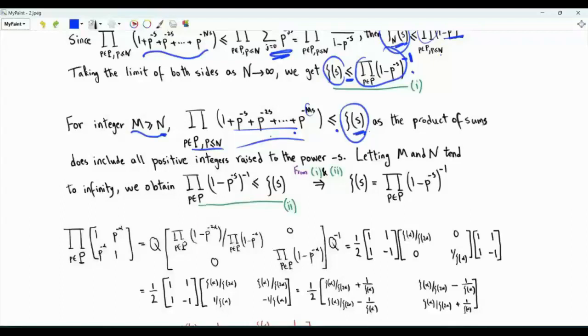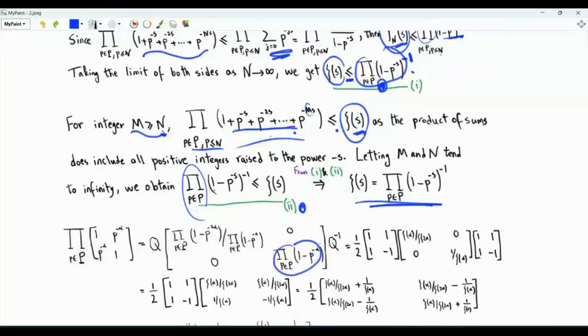On the right-hand side, we just have zeta of s. On the left-hand side, if we take the limit with respect to M, the sum becomes an infinite geometric series equal to the reciprocal of 1 minus p to the minus s. When we take the limit as N tends to infinity, we cover all the primes. Using our inequalities 1 and 2, we get Euler's result.